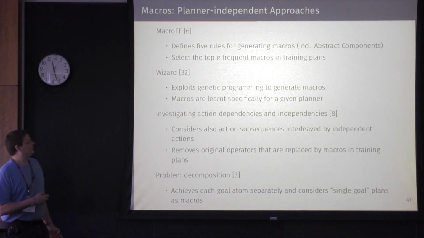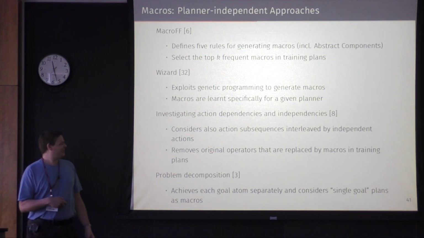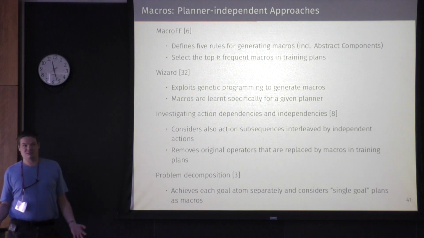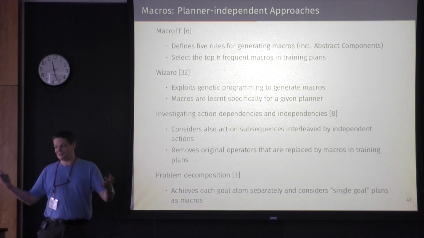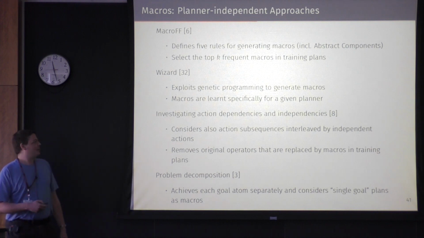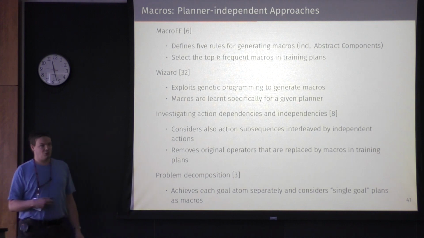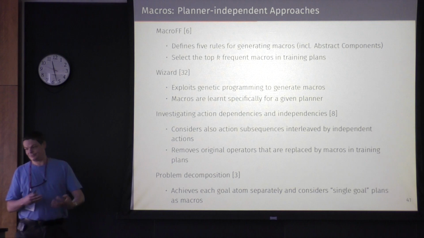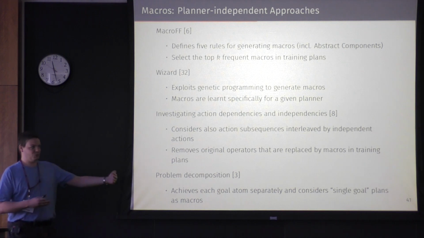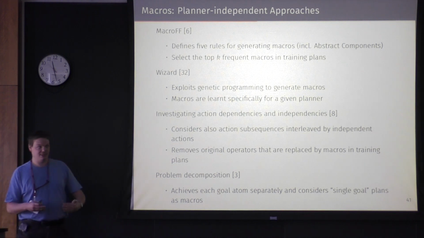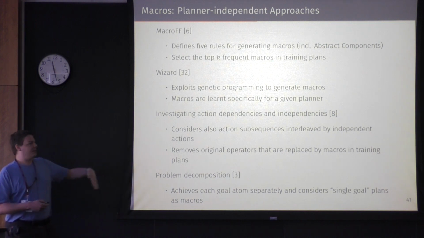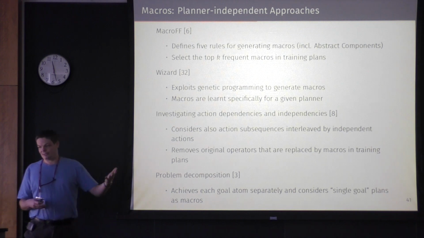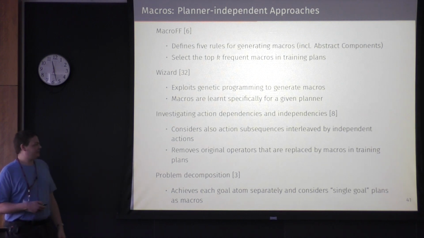For MacroFF and other approaches, the learned macros are the same for all planners, while Wizard considers the performance of the given planner that is used to learn macros. But this is still a planner-independent strategy, because you can learn macros for basically any planner that supports typed STRIPS PDDL.